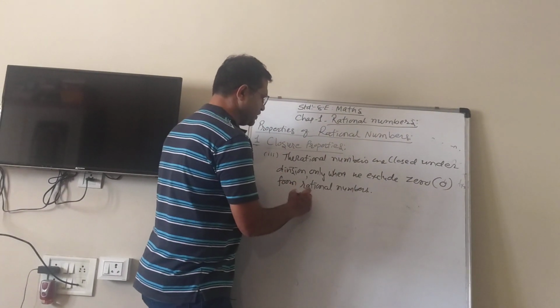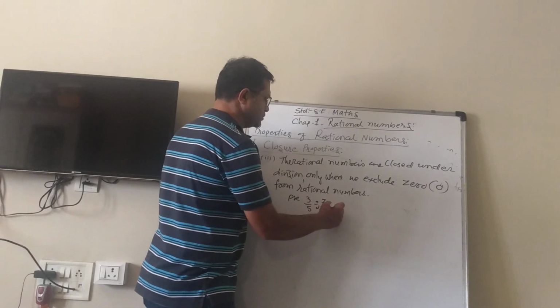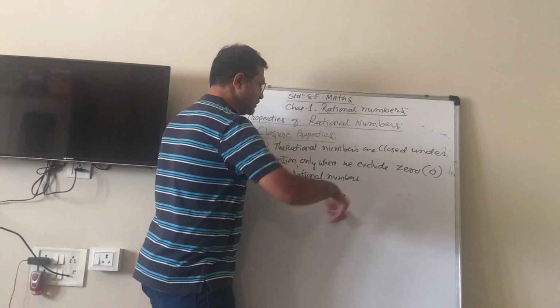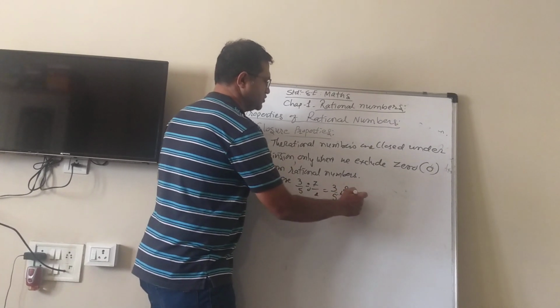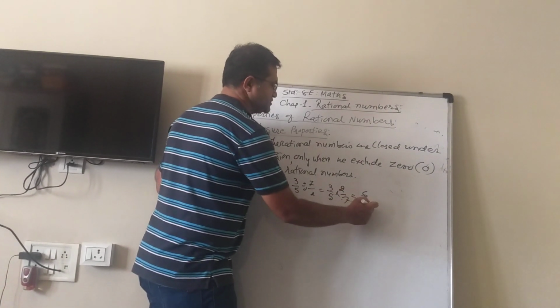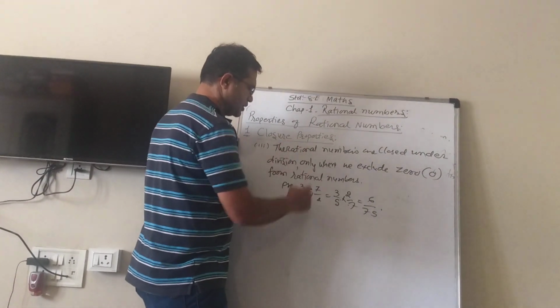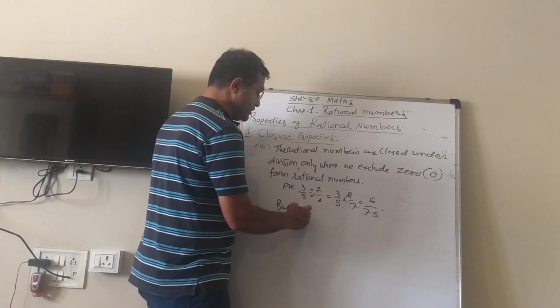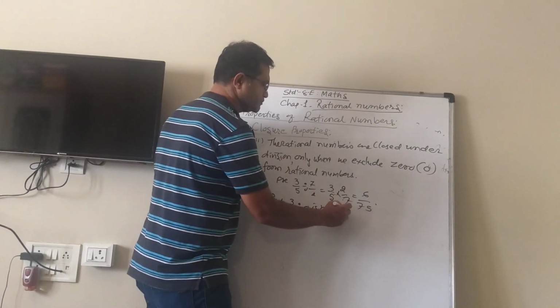For example, we can take 3 by 5 divided by 7 by 2, which is equal to 3 by 5 multiplied by the reciprocal of 7 by 2, which is 2 by 7. So 3 twos are 6 upon 5 sevens are 35. But 3 by 5 divided by 0 is not possible.